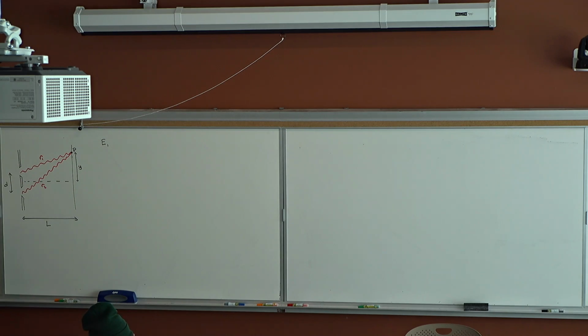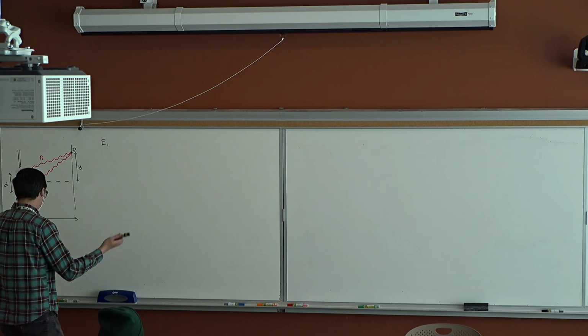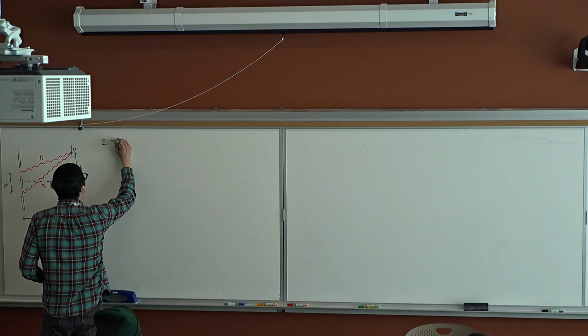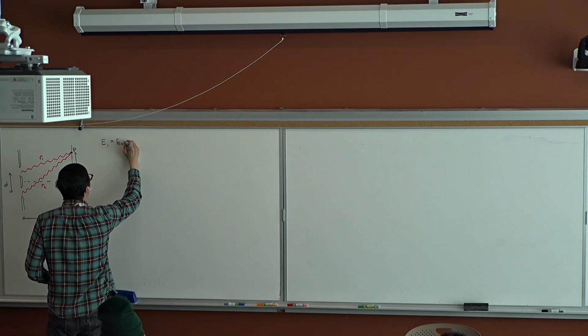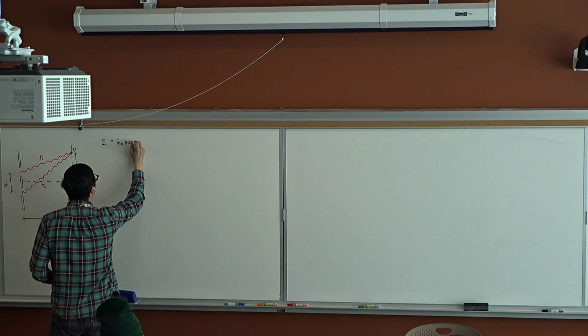And so what I would argue then is that E1 could look like E naught times sine of omega t.